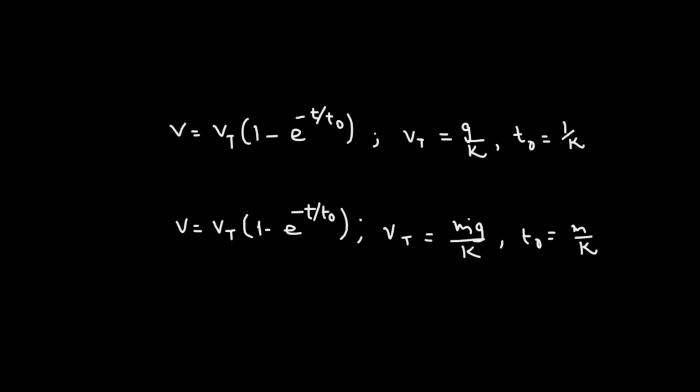These two equations that we derived just now find their application in a very important experimental problem referred to as the falling ball viscometric problem. So let's try it out.